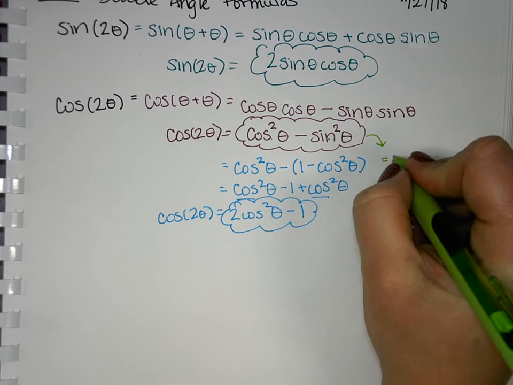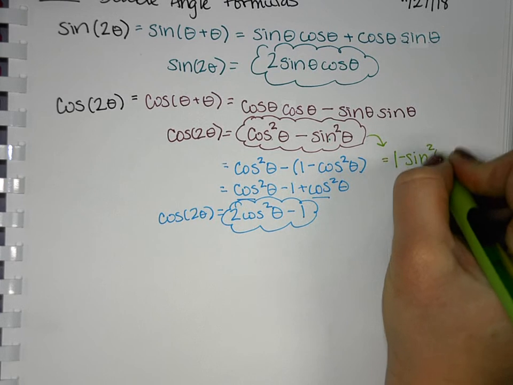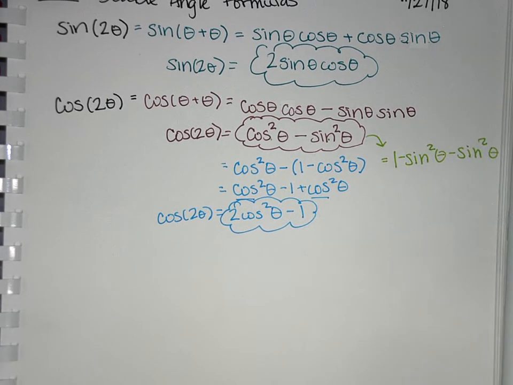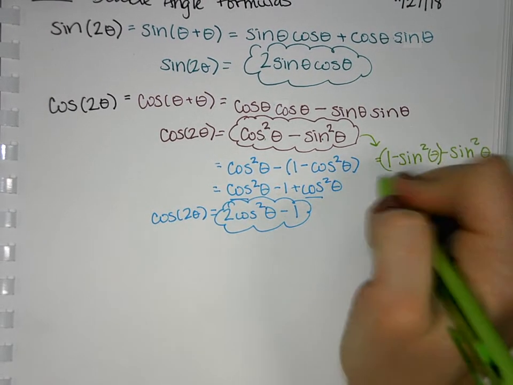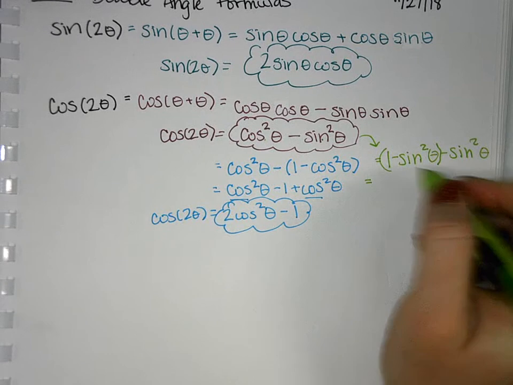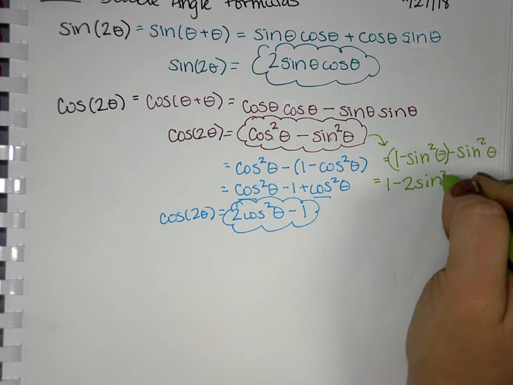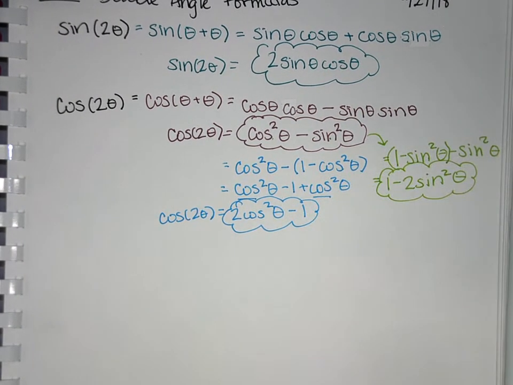We would get 1 minus sine squared theta minus sine squared theta. This is what we substituted in for cosine squared. When we combine like terms, we end up with 1 minus 2 sine squared theta. This is our third form of cosine double angle.